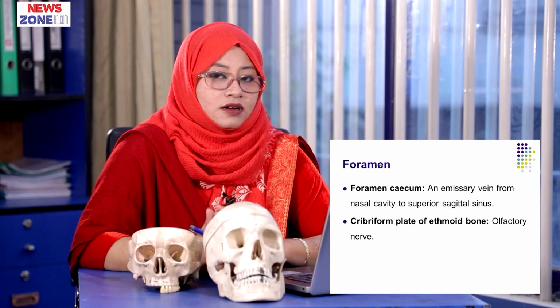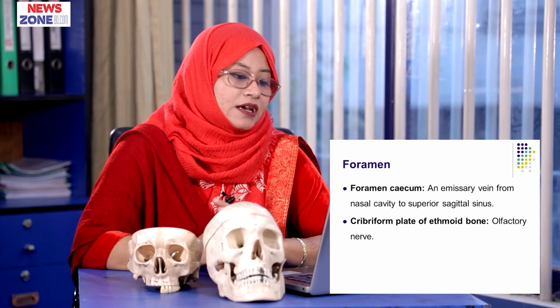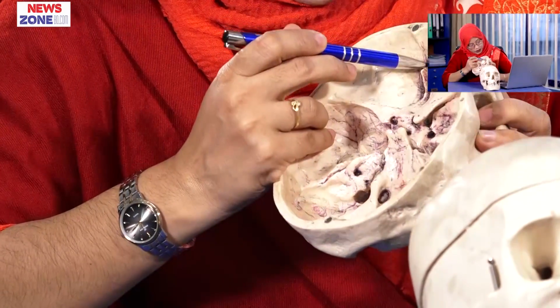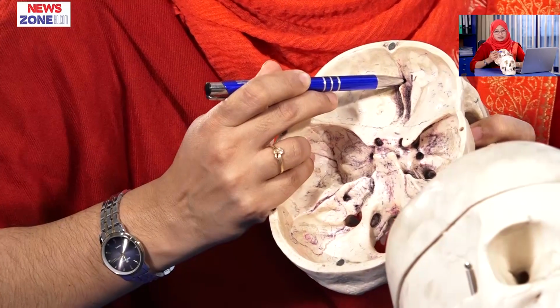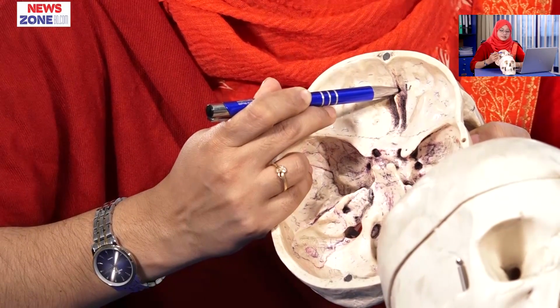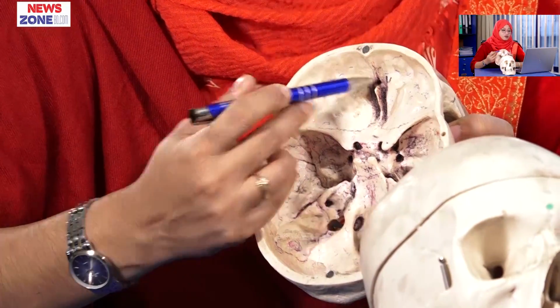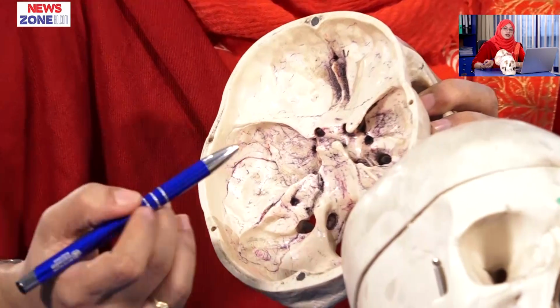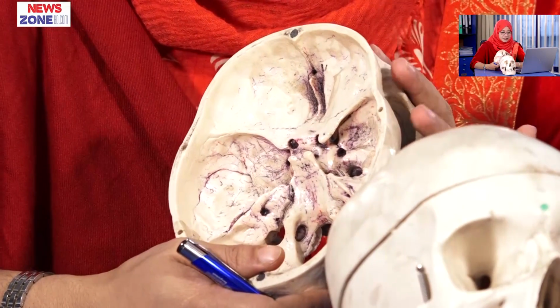Now, what are the foramina present in this cranial fossa? First of all, the foramen cecum. This is the foramen cecum, which passes emissary veins from the nasal cavity to the superior sagittal sinus.